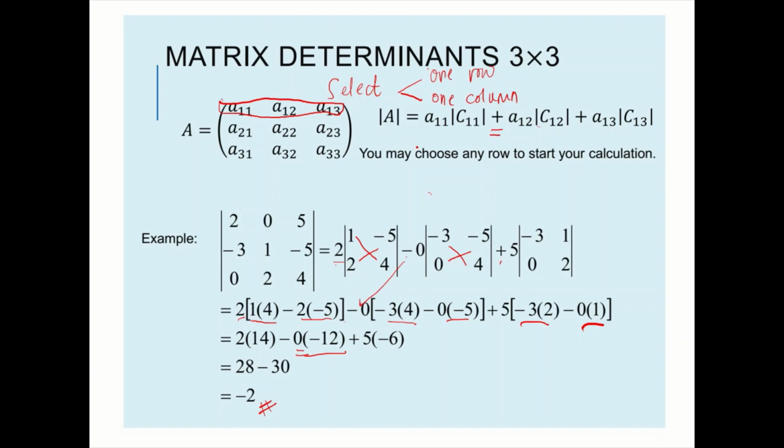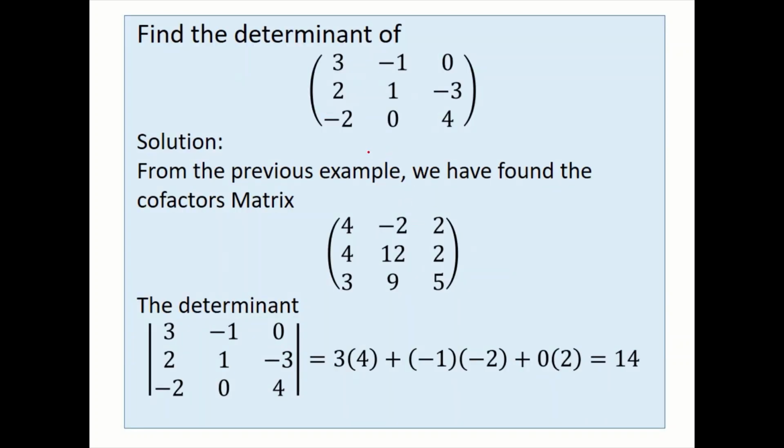Now we are going to use the previous example to find the determinant. From the previous calculation, we actually have found the matrix of cofactor. And this is the matrix of cofactor. So in order to find the determinant, this is what we do. You can choose any row or any column, but we only choose one. Usually we try to choose the column or the row with 0 or with the smallest number.